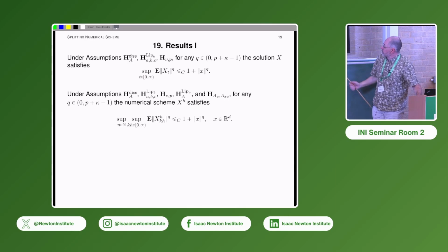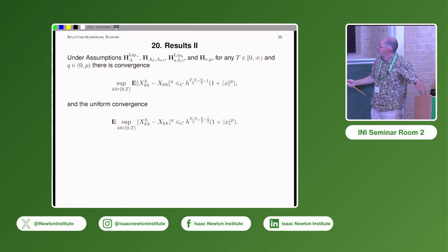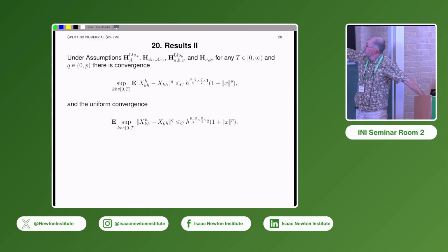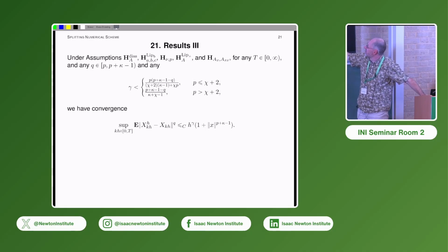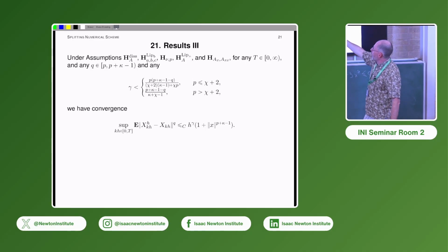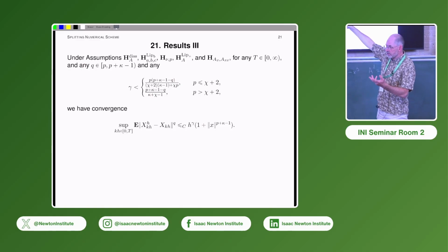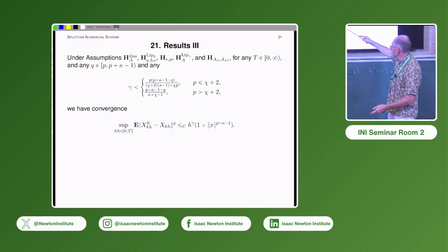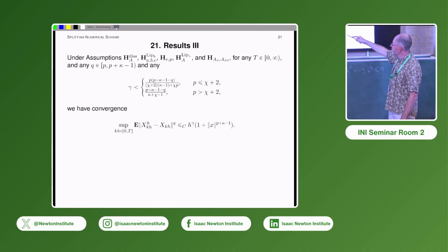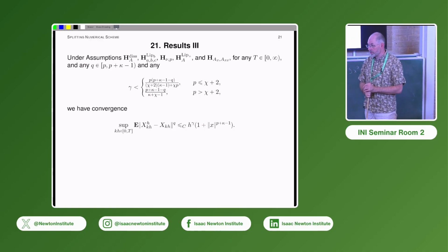Okay. So first we show that the numerical scheme really has moments of the required orders. So this is one, and this is essentially the result. So we have convergence. This is maybe the main result. For all q's, for all moments up to the critical order p plus kappa minus 1, we have strong convergence, and we can actually also calculate even the theoretical order of convergence.